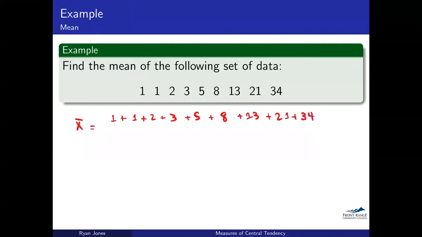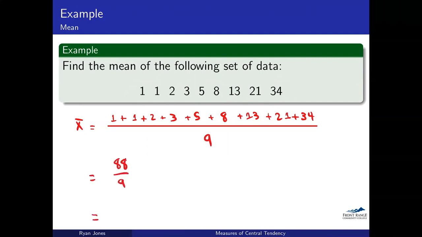And then I want to divide by the number of data points that I have. If I count these up, 1, 2, 3, 4, 5, 6, 7, 8, 9, there are 9 data points here. And we're going to have 88 when we add all those up.